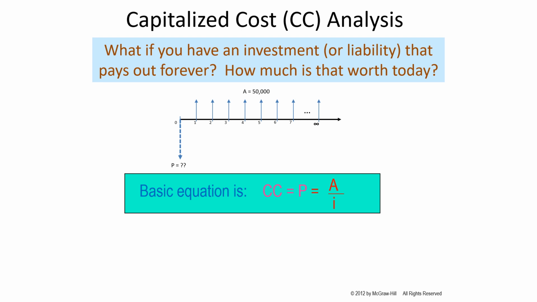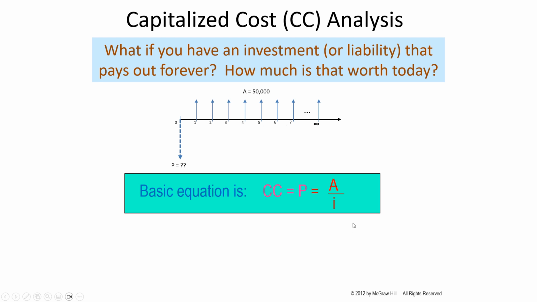And if you were trying to find the inverse of that, which is how much is the present amount if the annual amount is given over time, find P, it's simply A divided by i. So, for example, how much would you have to put into a bank if you wanted to be able to withdraw $50,000 a year forever?